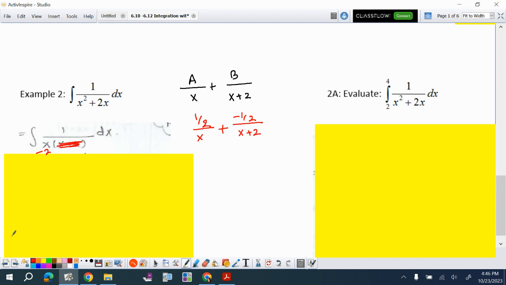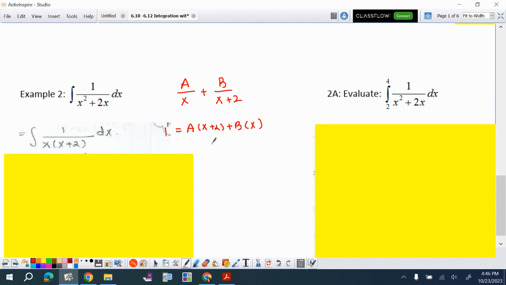If the finger method is not working for you, by all means, go back to a over x plus b over x plus 2. On the other side is a 1, so a needs x plus 2, b needs x, and this side is 1. Think about it: this factor will be 0 when x is 0.